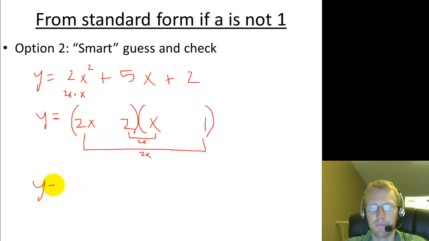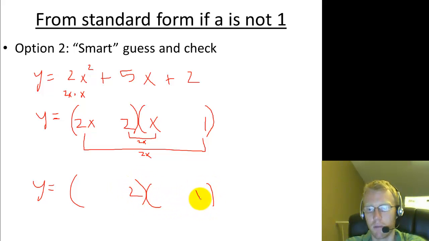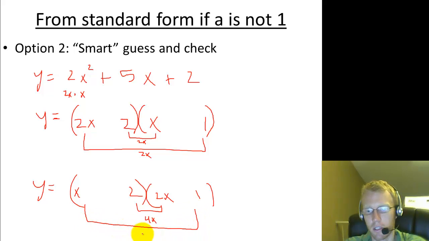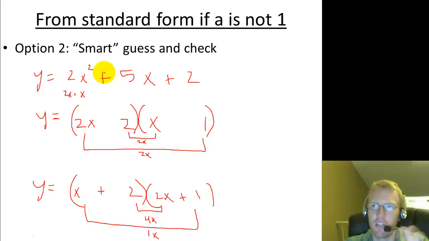What if instead I have my 2 and my 1, I put my x here and I put my 2x here. Now my inners is a 4x and my outers is a 1x, and those combine to give me the 5x that I want. So when I say guess and check, you're thinking about what you want and being clever about what choices you make.